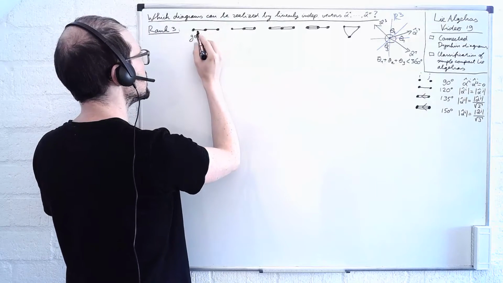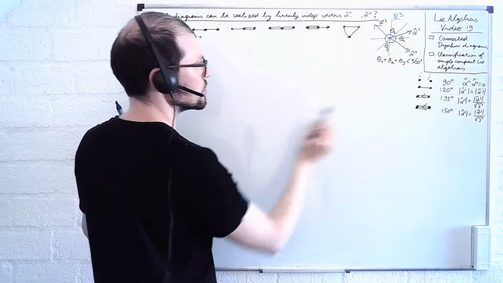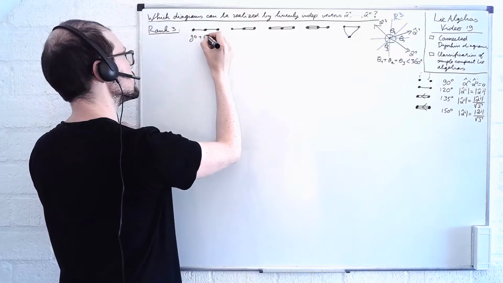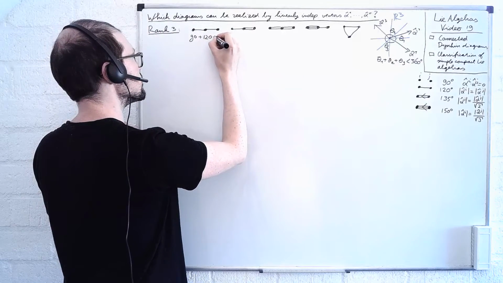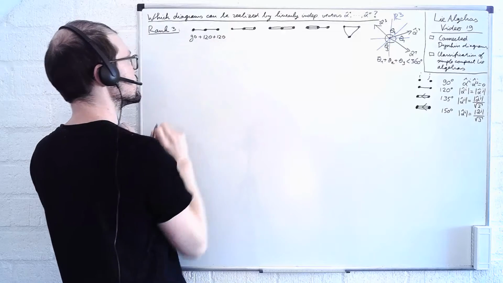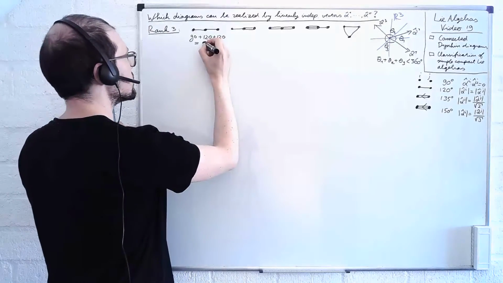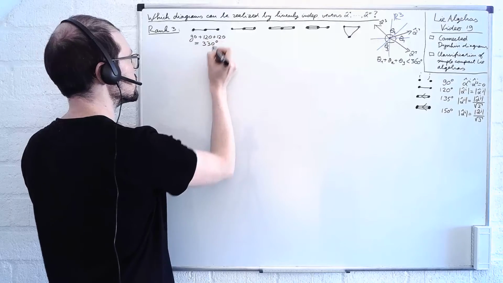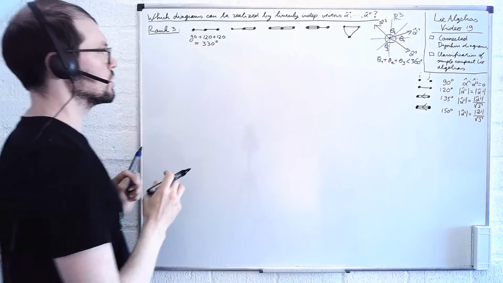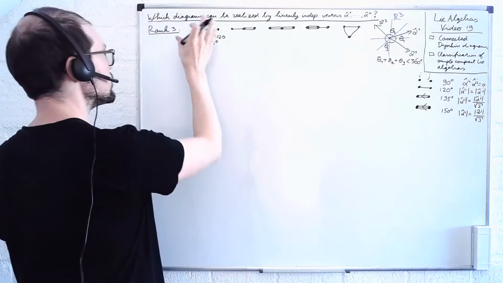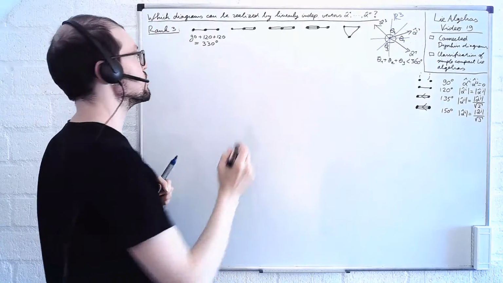The first two are connected by an edge, so it's 120, and the second two are also connected by an edge. If I add these up, this is 330 degrees. So it certainly satisfies this bound, and this is an okay Dynkin diagram.